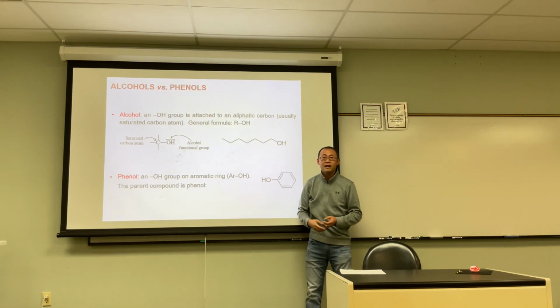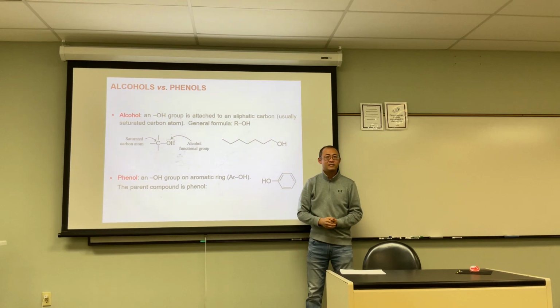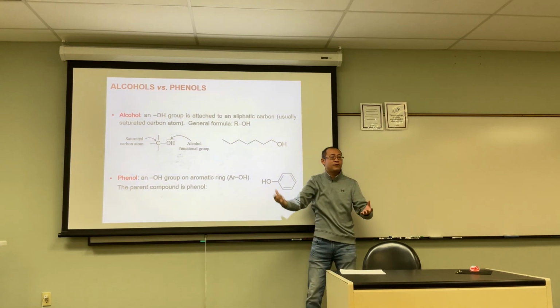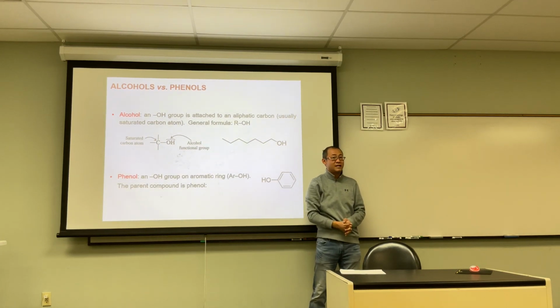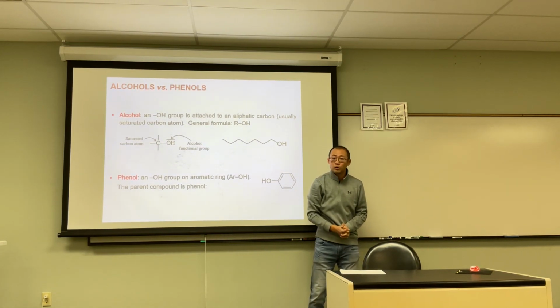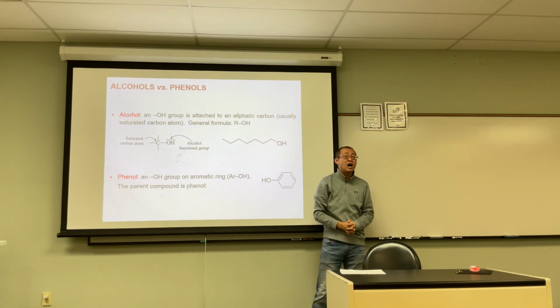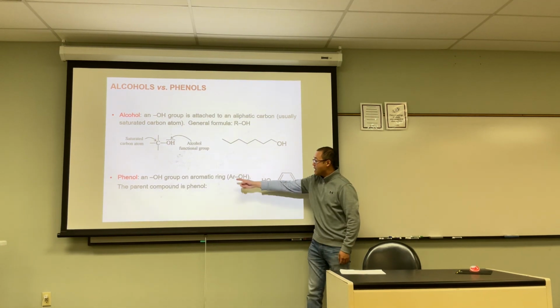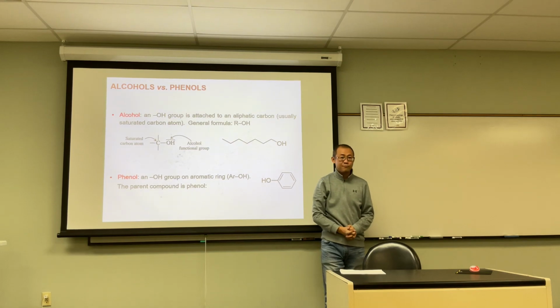Ar stands for aromatic. So this is the general formula for an alcohol, ROH. Again, R is a group. We will use R a lot in organic chemistry. R stands for a generic group, and it can be methyl, ethyl, or this whole group, it doesn't matter. Ar stands for a benzene ring aromatic group.